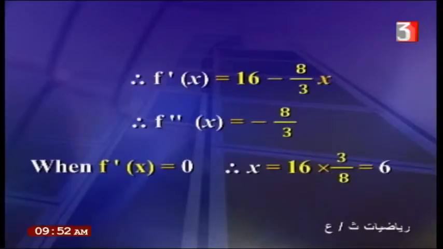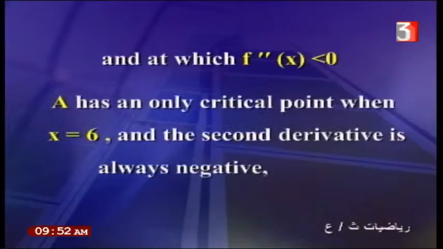And we can substitute in f double dash x. Then f double dash x is smaller than 0, because the second derivative equals negative 8 over 3, a constant negative value. A has only one critical point, when x equals 6, and the second derivative is always negative.